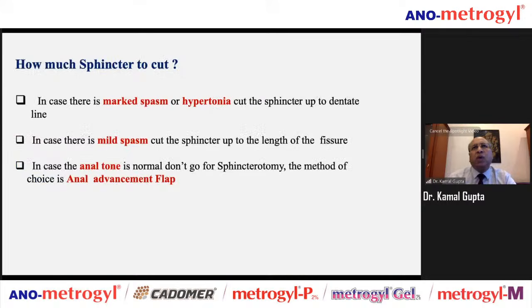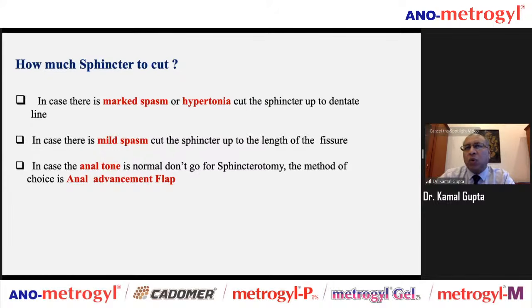How much sphincter to cut? Well, in case the tone is increased, the recommendation was to go up to the dentate line. But if there is mild spasm, then cut up to the length of the fissure. Now, this was the standard teaching.